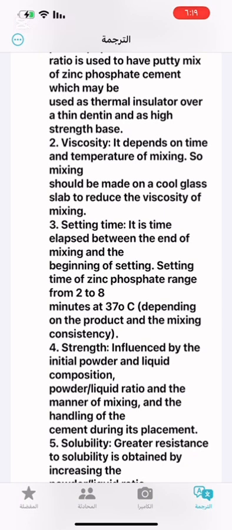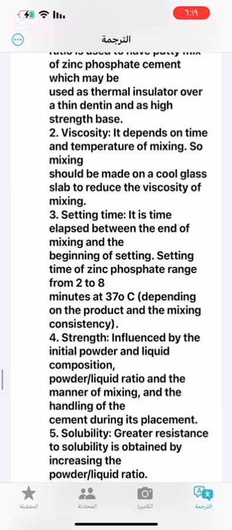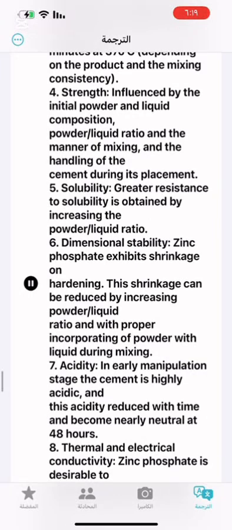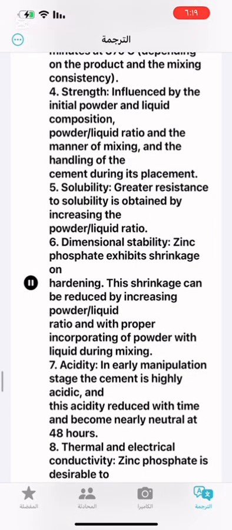4. Strength. Influenced by the initial powder and liquid composition, powder-liquid ratio, the manner of mixing, and the handling of the cement during its placement. 5. Solubility. Greater resistance to solubility is obtained by increasing the powder-liquid ratio. 6. Dimensional stability.